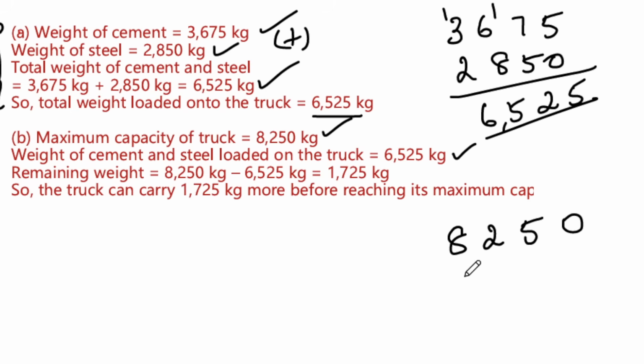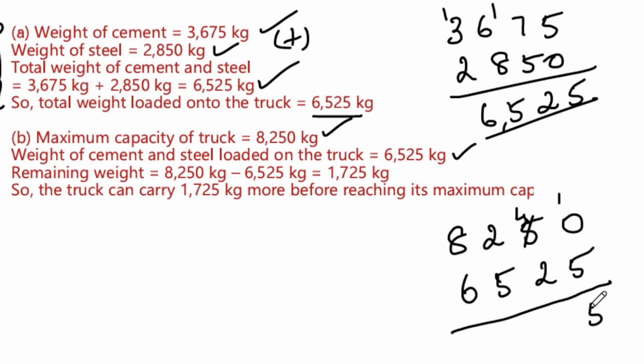So you have to subtract 6,525 from 8,250. Okay, so 0, this becomes 10. 10 minus 5 is 5. 4 minus 2 is 2. Again, 2 cannot be subtracted. So here this becomes 7. This becomes 12.